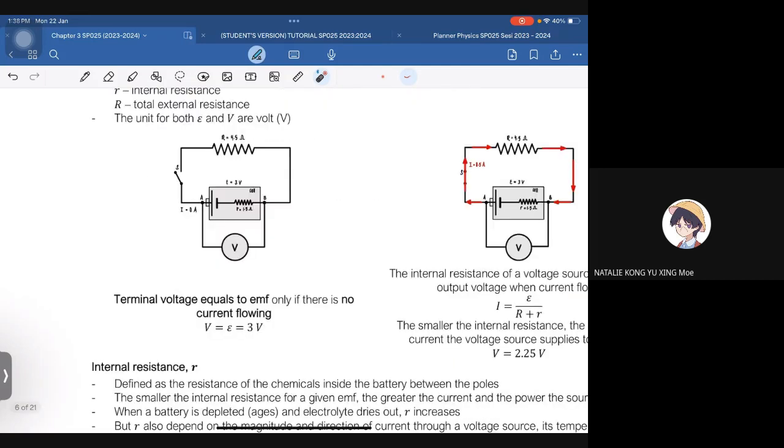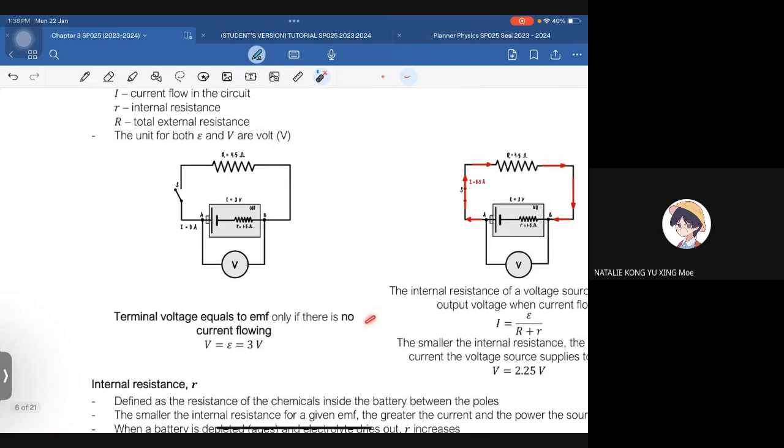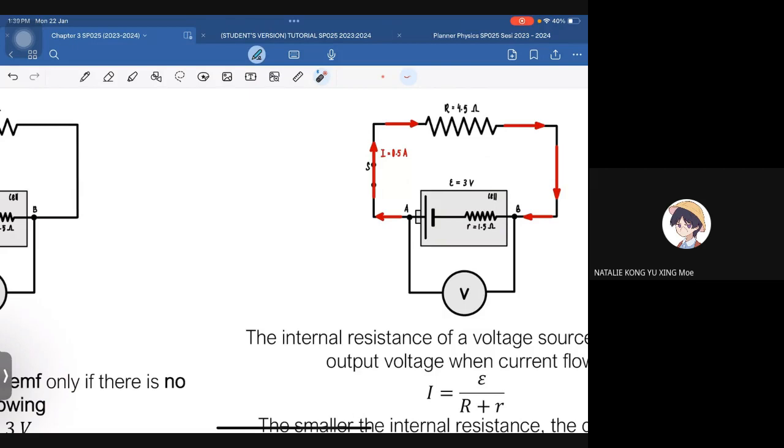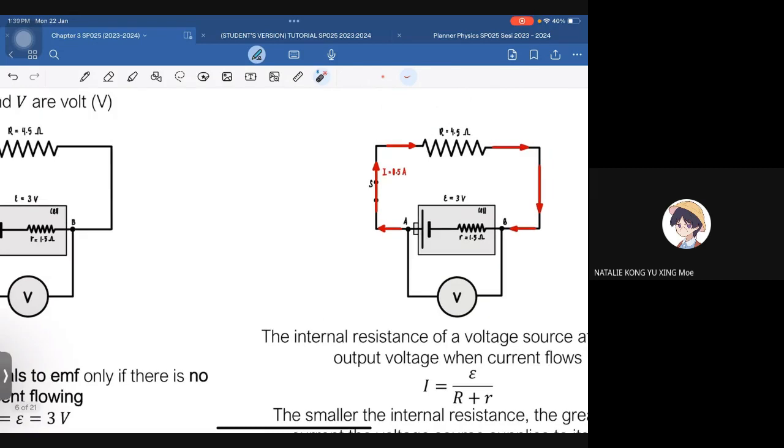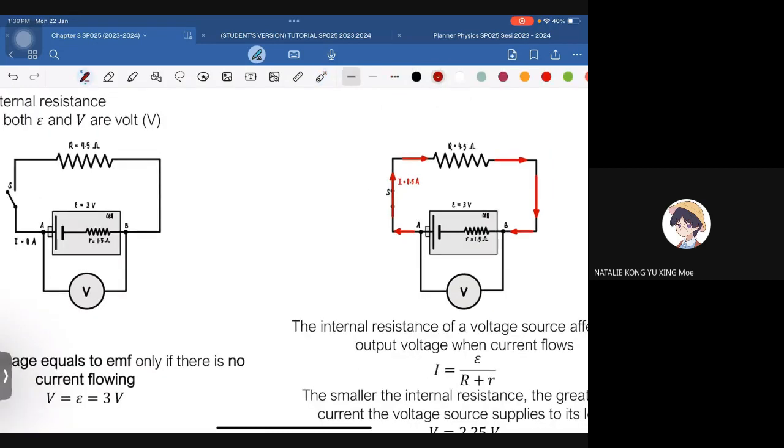So that's why sekarang ni kalau tiada current flow, the terminal voltage akan equal directly dengan the cell. Tapi bila ada current flow, ingat current akan flow from positive to the negative terminal. The terminal voltage will decrease. So that's why terminal voltage EMF minus IR.